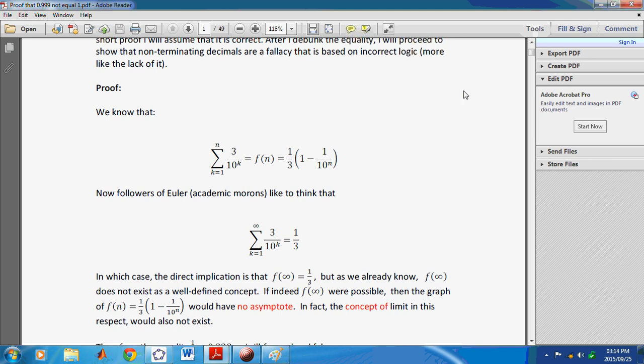This document that you're looking at right now, proof that 0.9999 is not equal to 1, is going to be available at my YouTube channel, so you can look at the whole document.